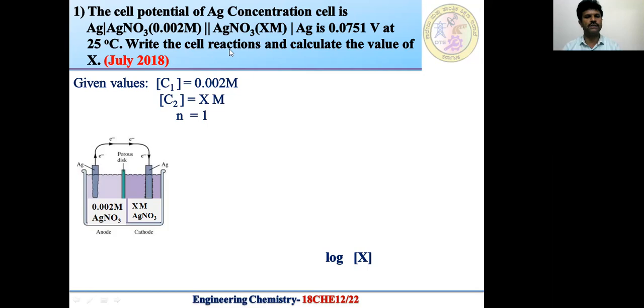Write the cell reactions and calculate the value of X. This problem was asked in the July 2018 question paper.